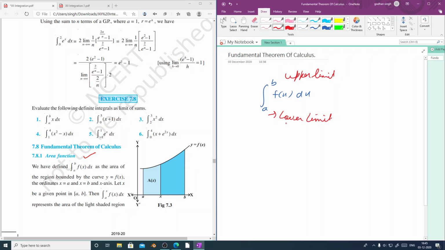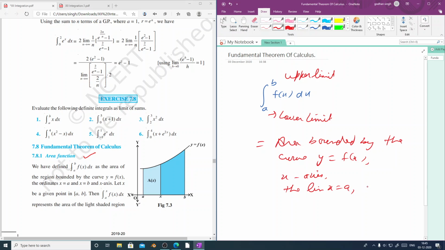Whenever we are integrating a function f(x) from a to b, it gives the area bounded by the curve y equal to f(x), the x-axis, the line x equal to a, and the line x equal to b.